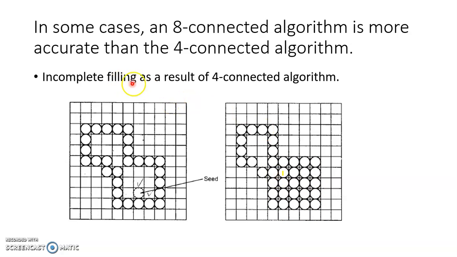So this incomplete filling will be the result of the 4 connected pixels. To remove this drawback, it is better to go for 8 connected method.